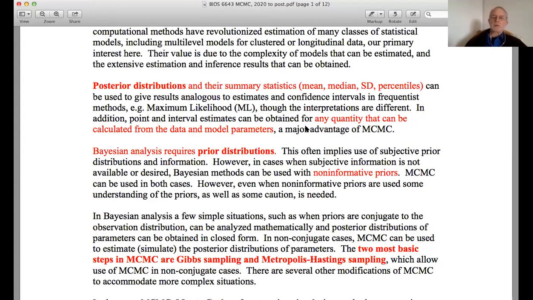And really, I want to emphasize this because this might be the most frequent reason that I would use MCMC, even for a model I could fit with maximum likelihood. It's because as soon as you fit the model, you can get estimates for any quantity you can calculate from the data and parameters.